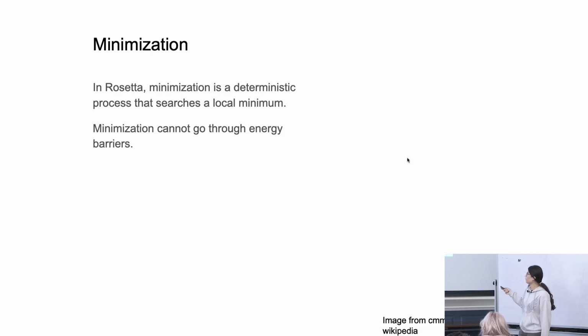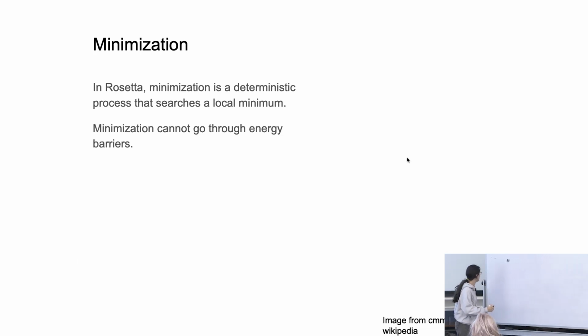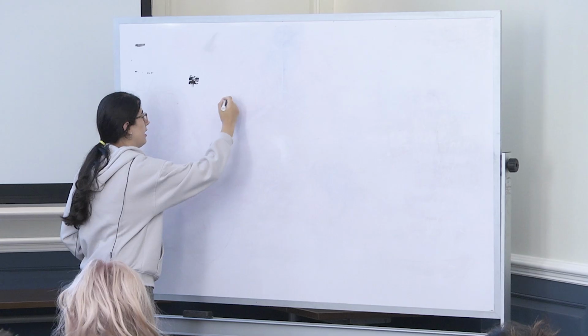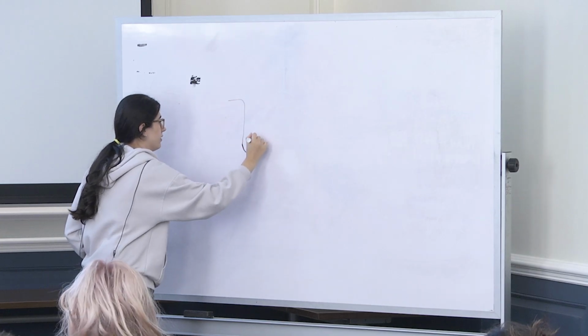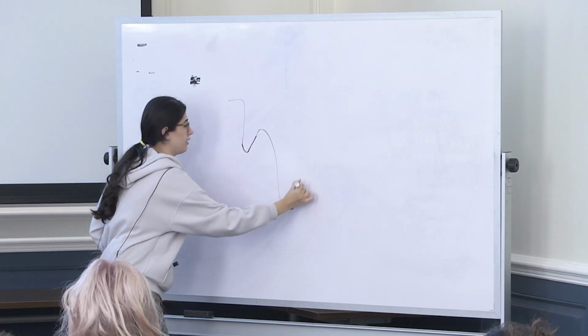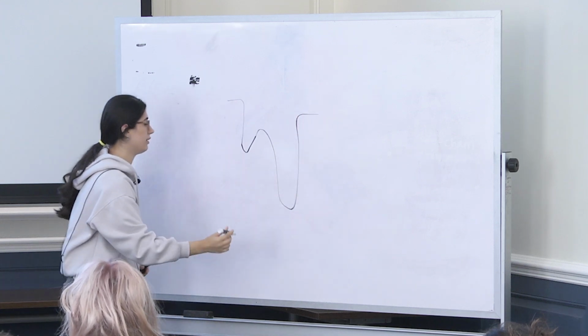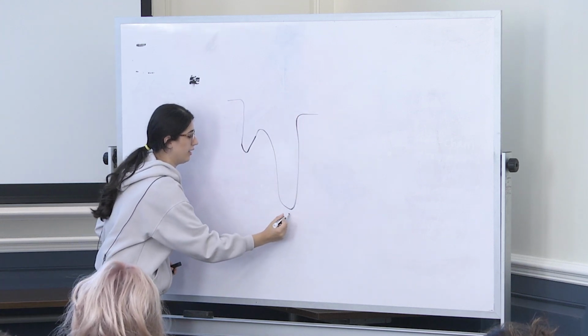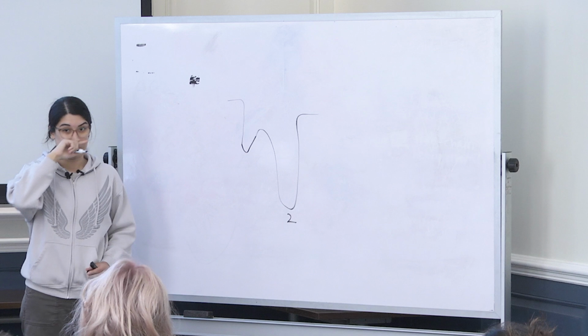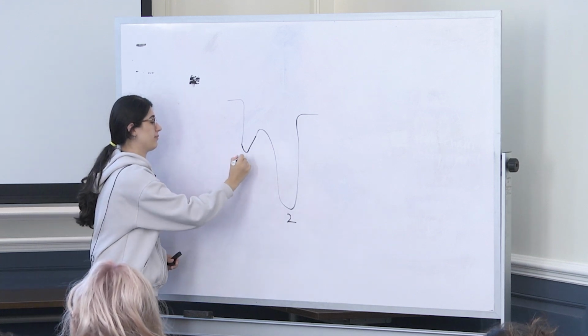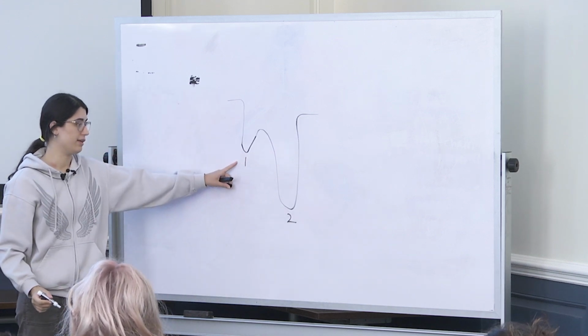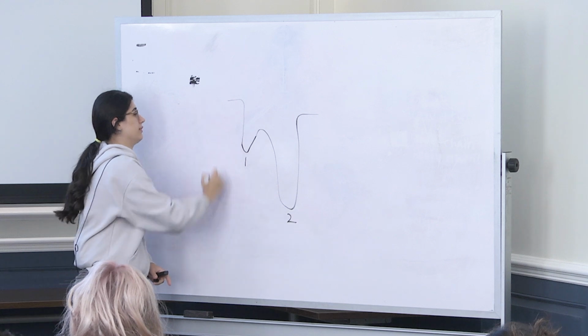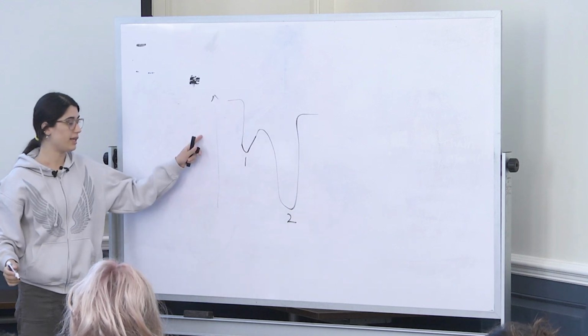And in terms of energy barriers, to put this more pictorially, let's say we're interested in this energy minimum. So we have energy minimum 1, we have 2, this is our free energy right here.